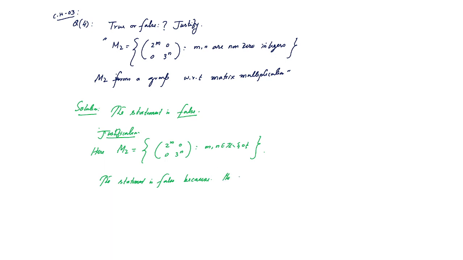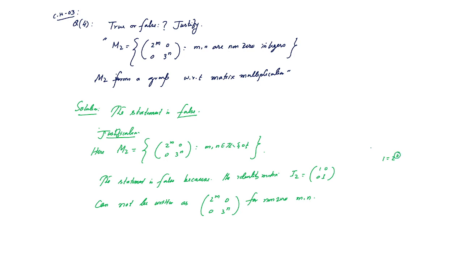the identity matrix I2 equals [1, 0; 0, 1], which is the identity element, cannot be written as [2^m, 0; 0, 3^n] for non-zero m and n. To get 1, we would need 2 to the power 0, but 0 is not in the set Z minus 0.